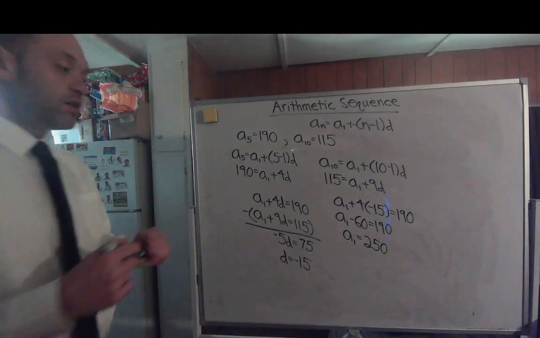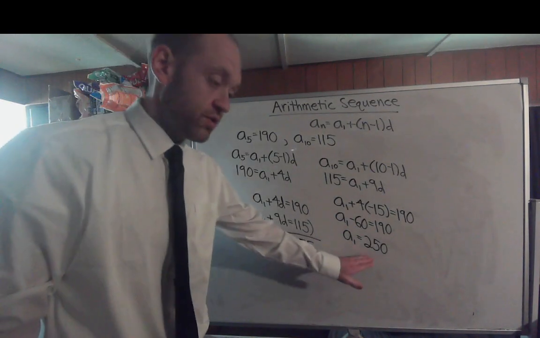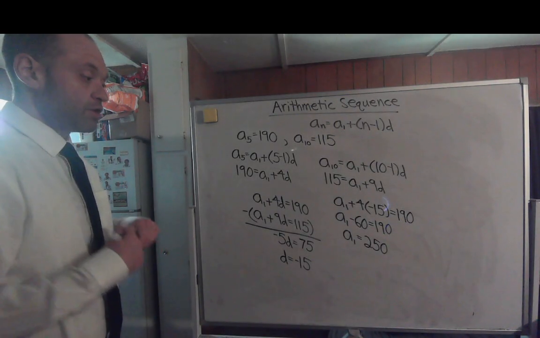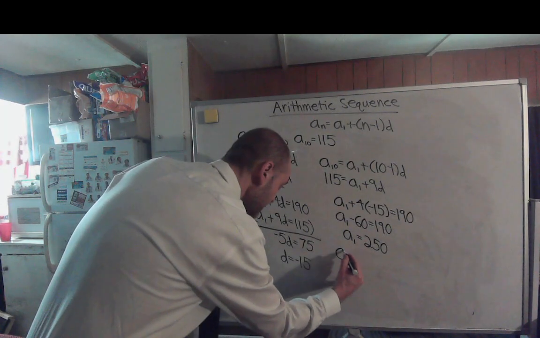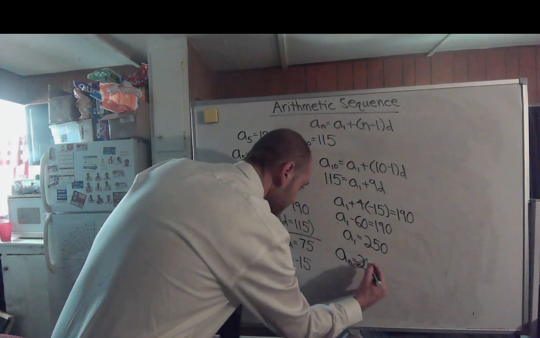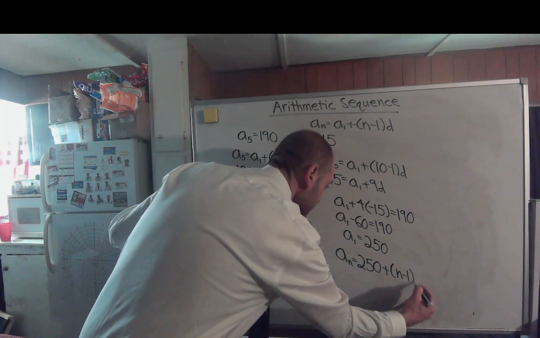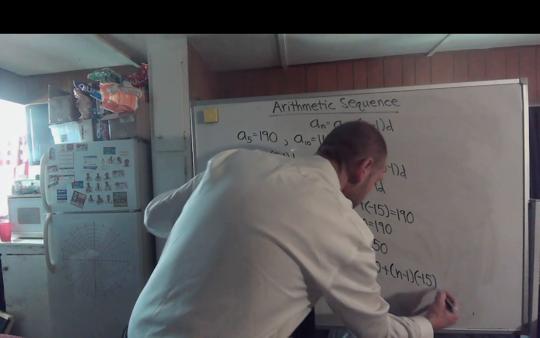So now not only do I know my common difference, I also know my first term, a sub 1, to be 250. Let's form the general formula. A sub n is going to equal that first term, 250, plus n minus 1 times that common difference of negative 15.